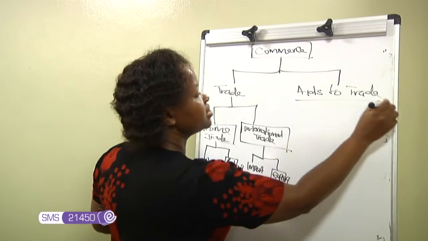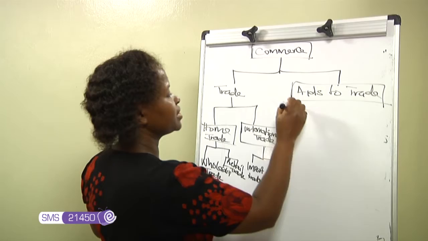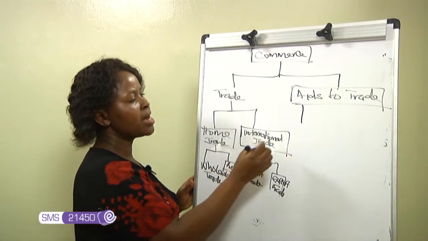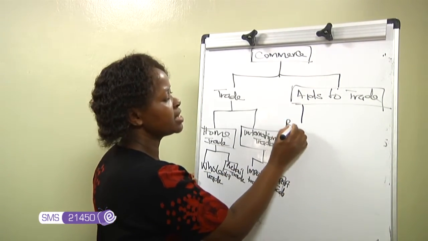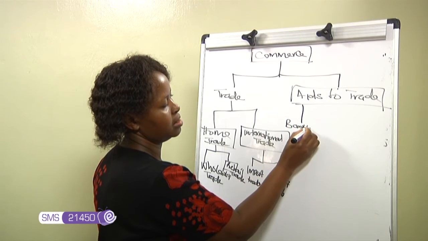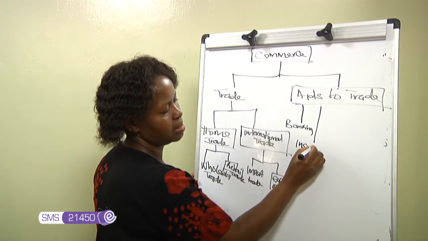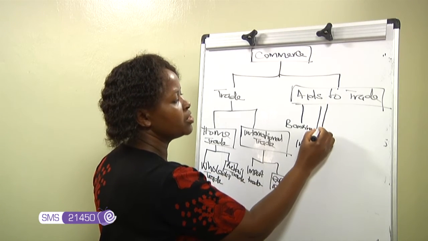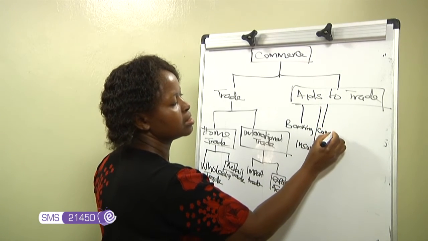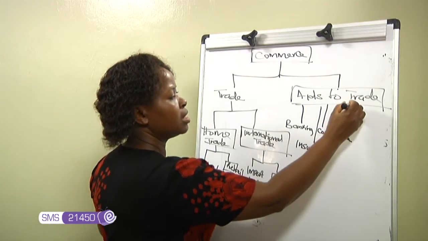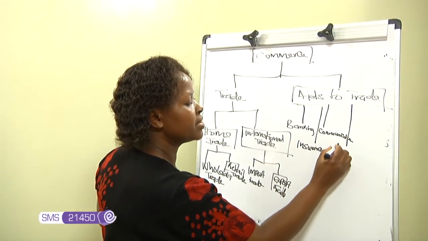Then, in regard to the aids to trade, we have said we have 6 aids to trade. One of the 6 aids to trade is banking, insurance, communication, we also have warehousing.